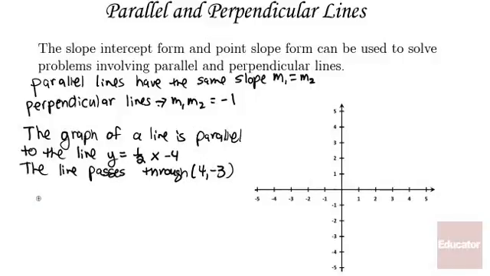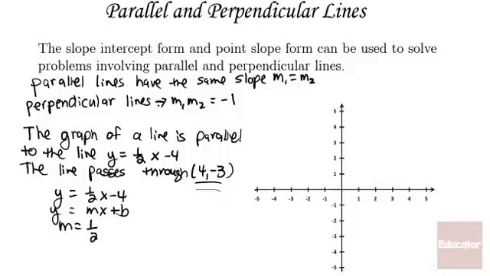Well, since parallel lines have the same slope, and I'm looking at this and it's in slope-intercept form, which is y equals mx plus b, I now have the slope. So the slope equals 1/2. Since these lines are parallel, I also have the slope of the line I'm looking for, and it's 1/2. The line I'm looking for passes through 4, -3. So I'm going to plot that out, 4, -3, and I have the slope.